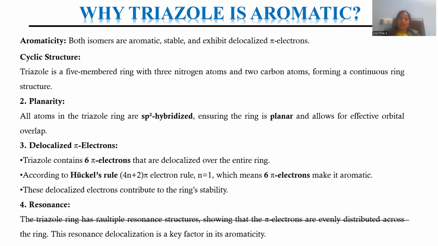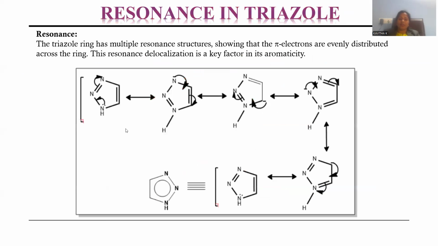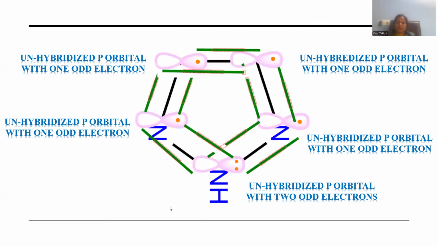Resonance: more resonating structures are available for the compound because of the delocalization of pi electrons. They are always non-static in nature, and this kind of delocalization is the most common observation, so we can indicate all the pi electrons as a ring system instead of individual bonds. So resonance is a common characteristic, and canonical structures are observed for the compound.